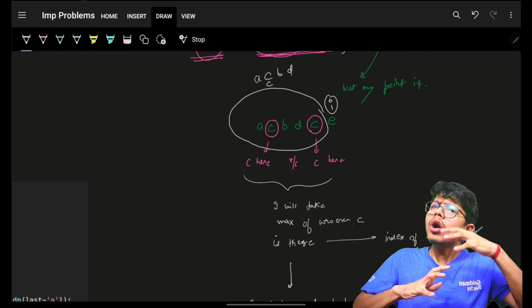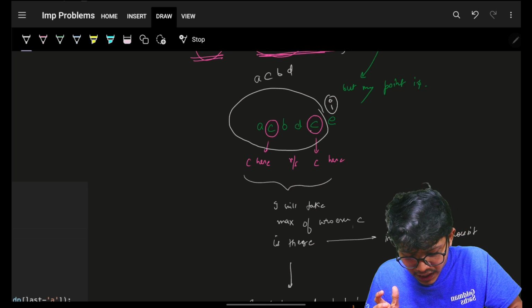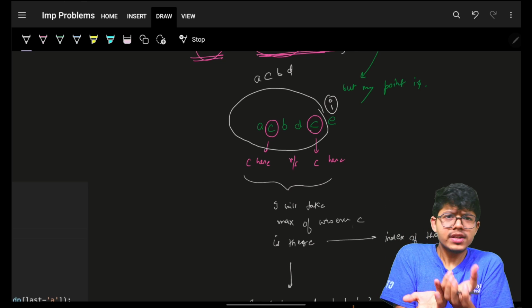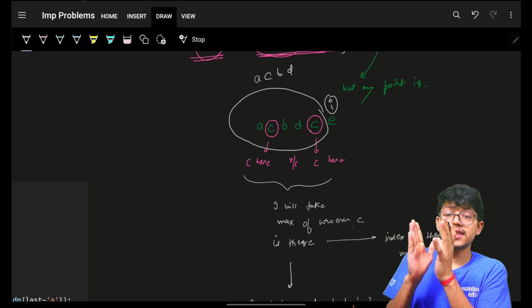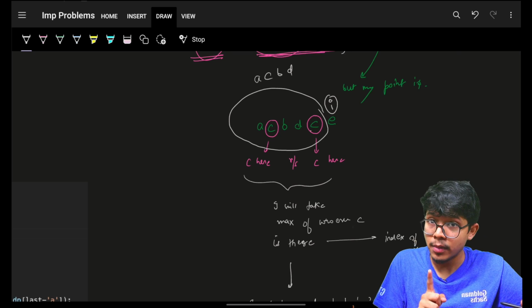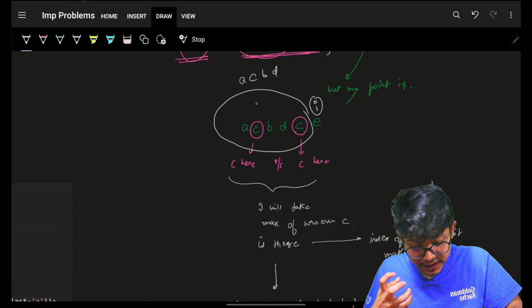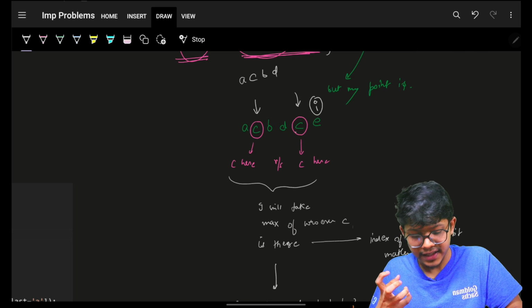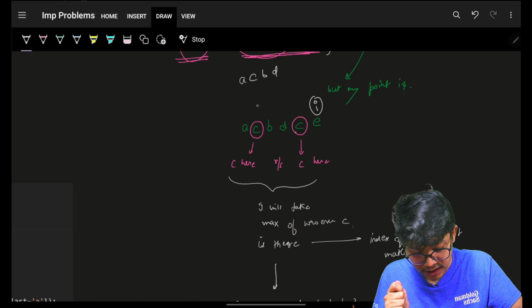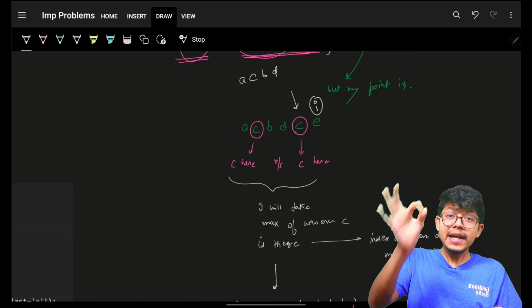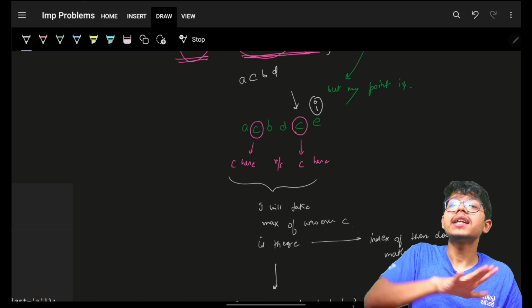I want any last character which can give me maximum length. So I'm not concerned about the character at that index; I'm only concerned about the maximum length for that character.